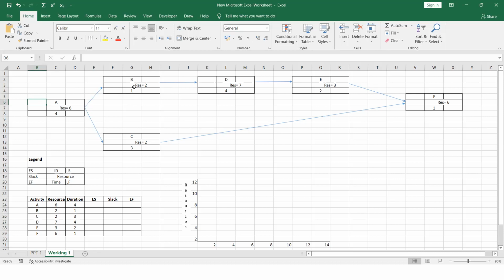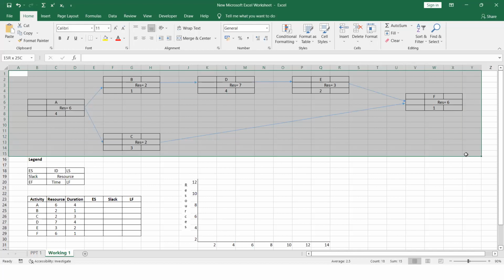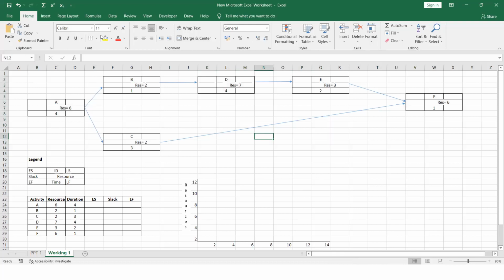Please indicate when you have finished drawing this project network, this part only, right? I am asking you to draw this part only. The rest of the part we have to do step by step. So after finishing drawing this project network, please indicate.